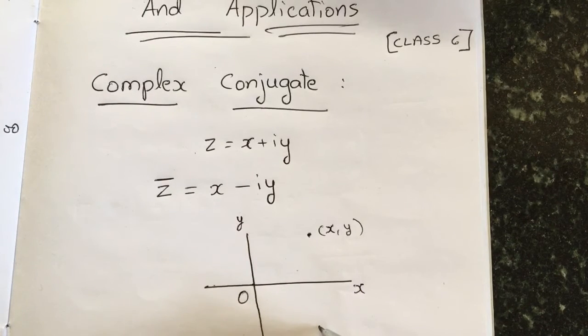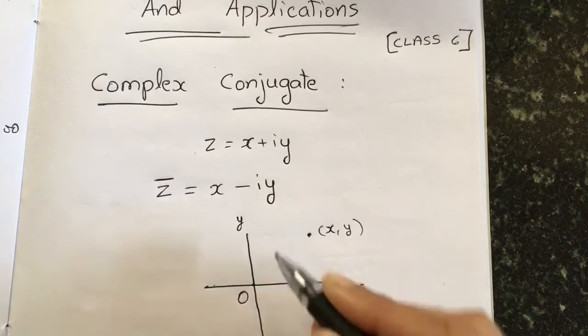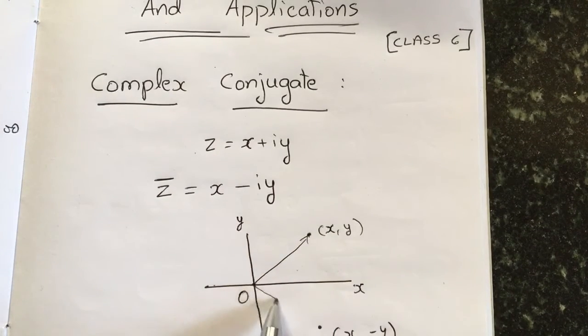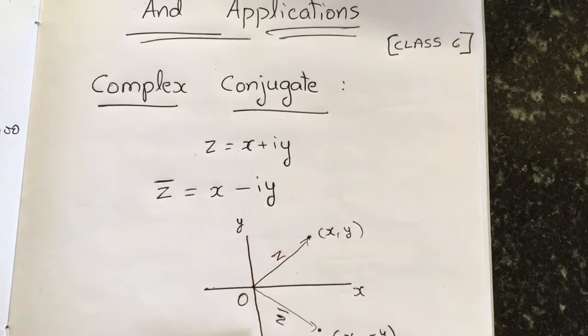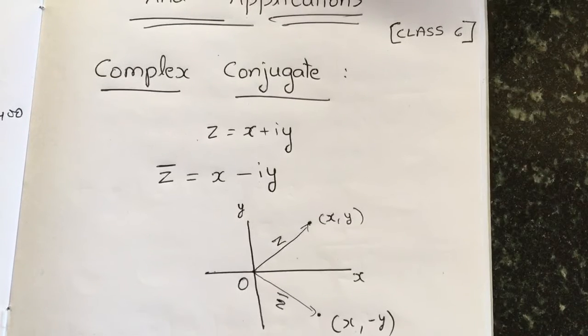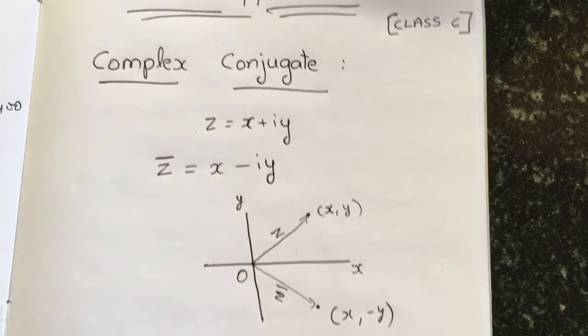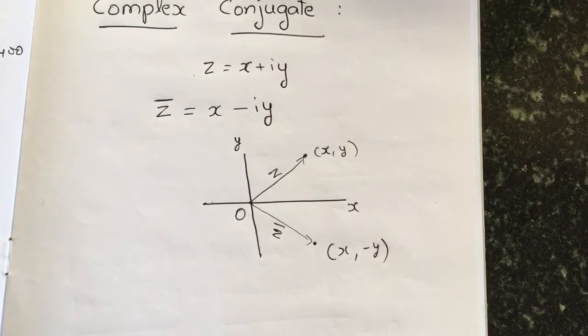Somewhere here you will get x minus y. So this is z and this is z bar. If this is z, then this is z bar. So z bar is simply the reflection in the real axis of the point x comma y.